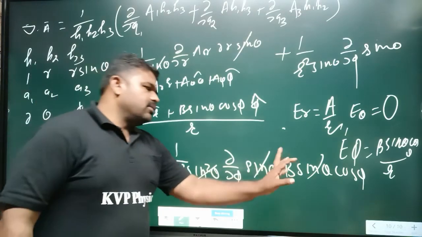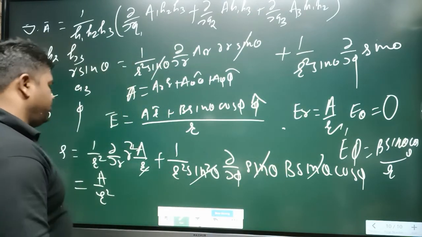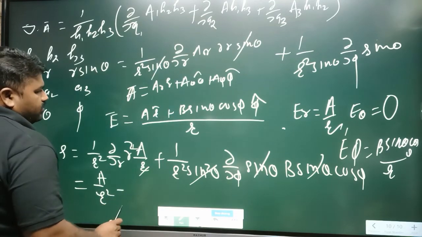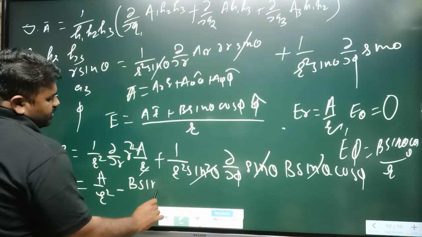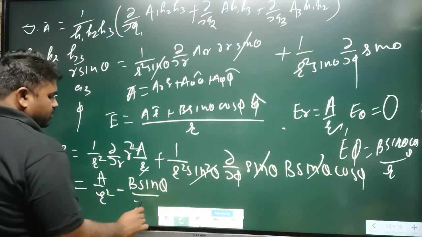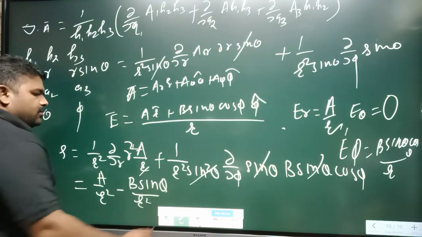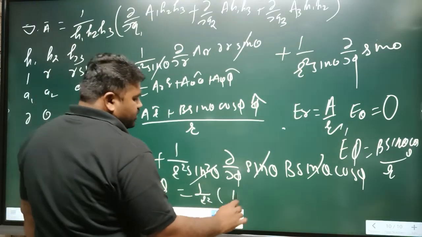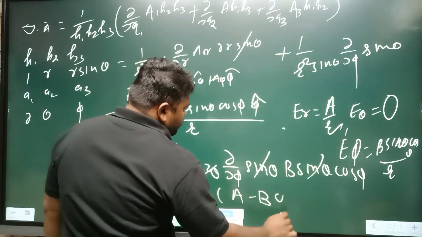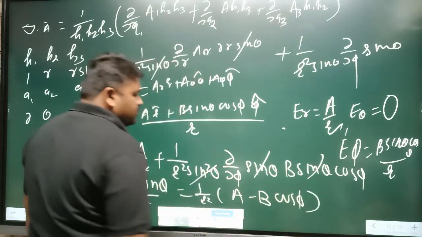This sin square gets cancelled. Cos phi derivative is minus sin phi upon r square. And this is equal to how much? 1 upon r square, A minus B cos phi.